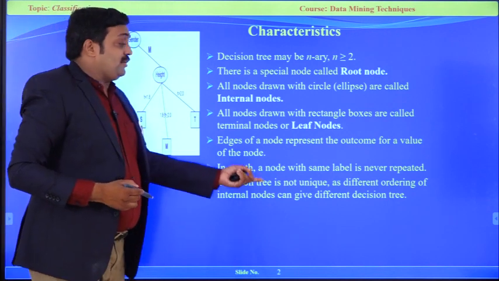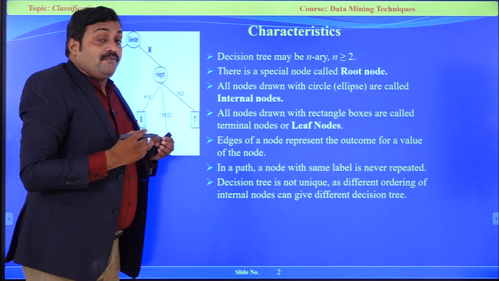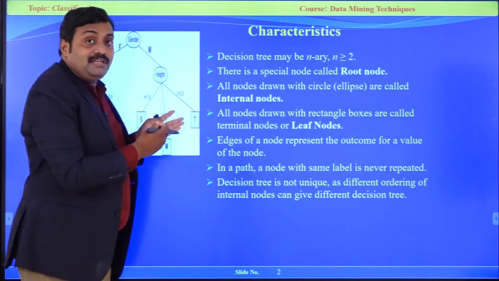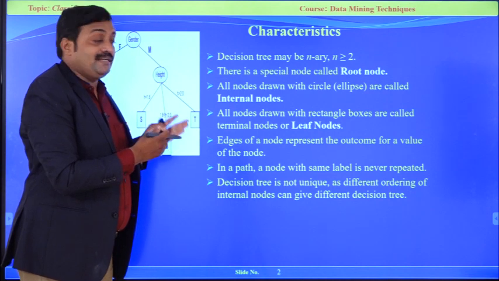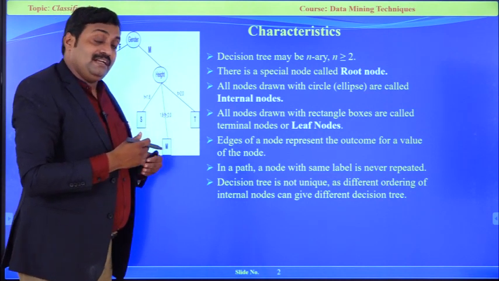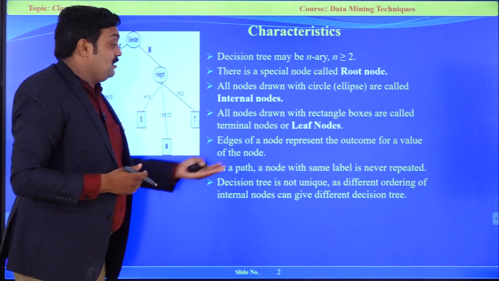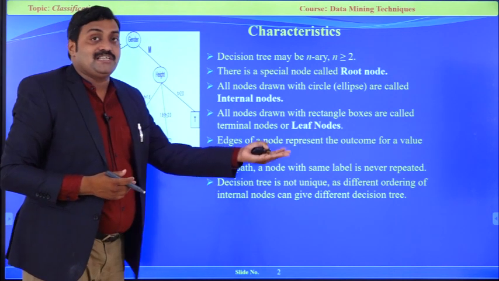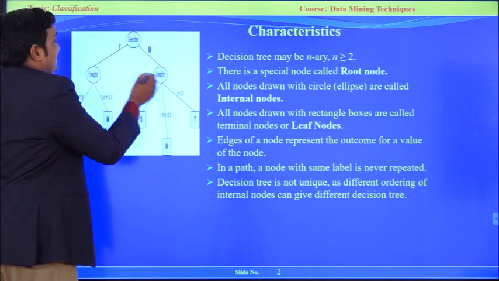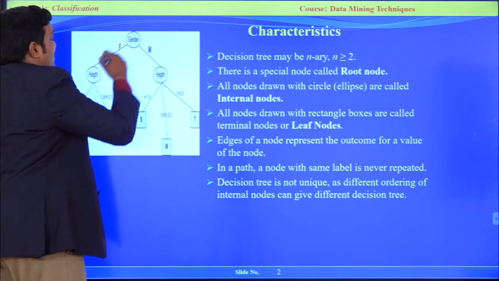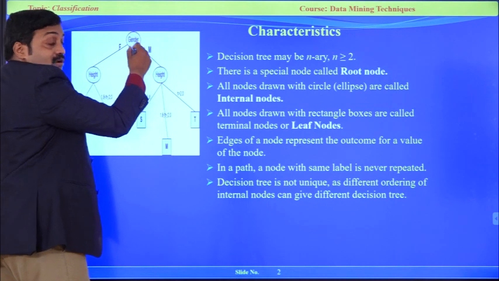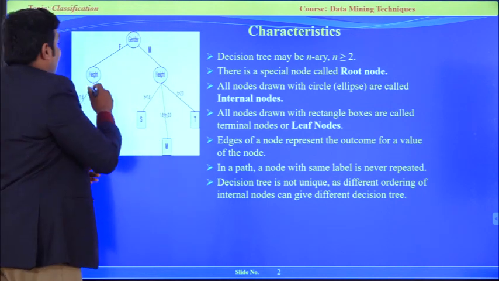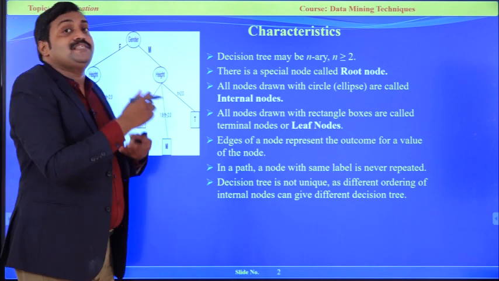And the decision tree is not unique, because we cannot get a unique decision tree with the help of the attributes or the database. There are different ways of representation, different orders, and based on the internal nodes there can be different decision trees. That means by changing these things, suppose I take height as the root node, then automatically the decision tree changes. Or I take gender as the root node, then it changes.